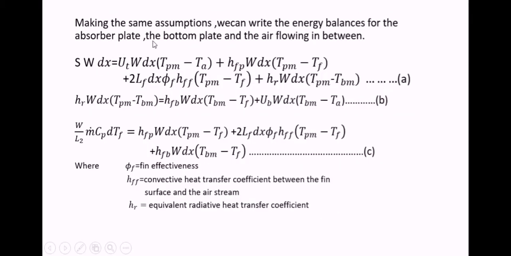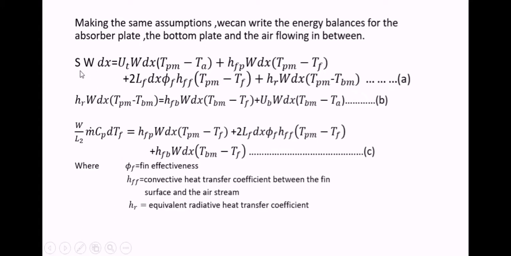Then making the same assumptions as we did in previous cases, we can write the energy balances for the absorber plate, the bottom plate and the air flowing in between.